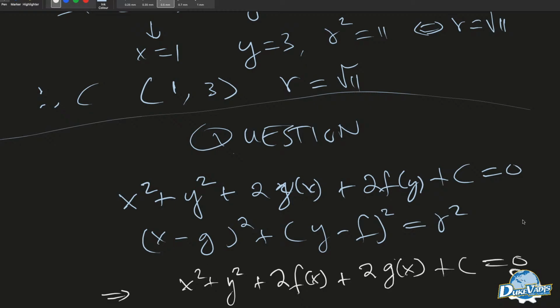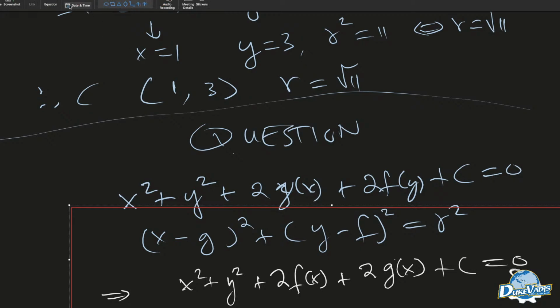Are these two equations the same? Let's see how best we can explain this. Now let's see whether we can do something like that, or we can say something like that.